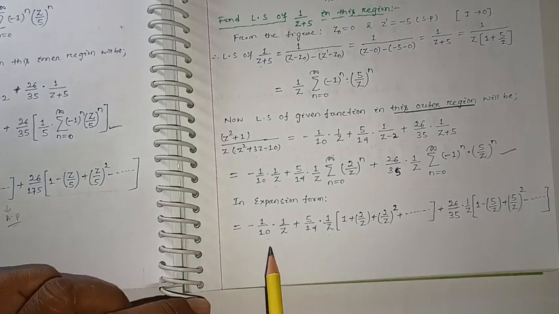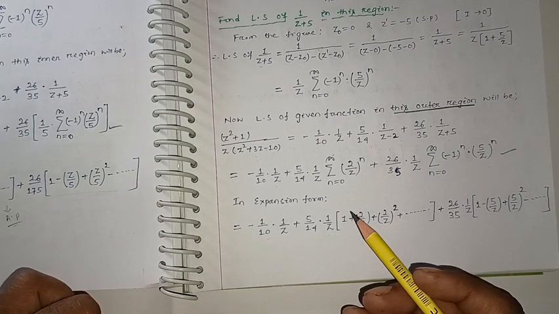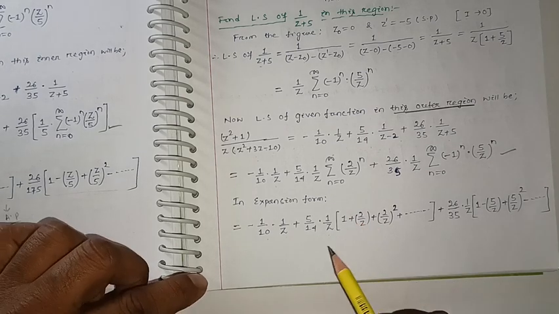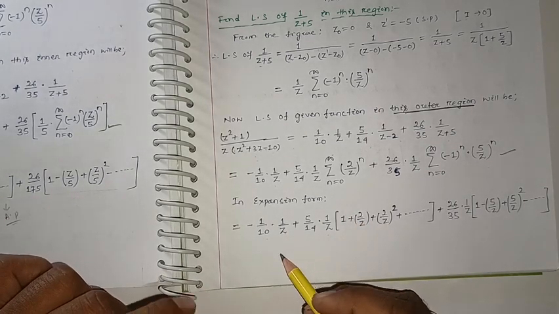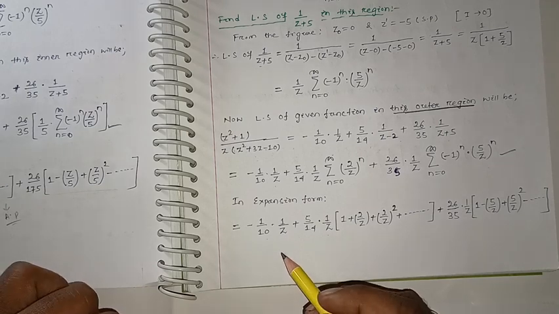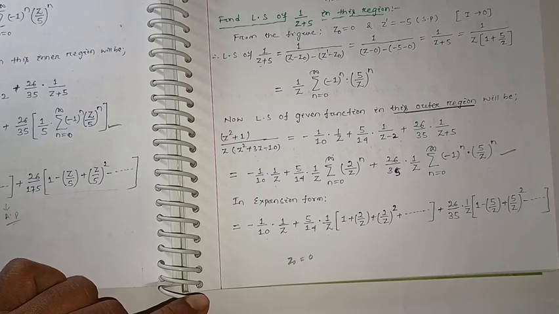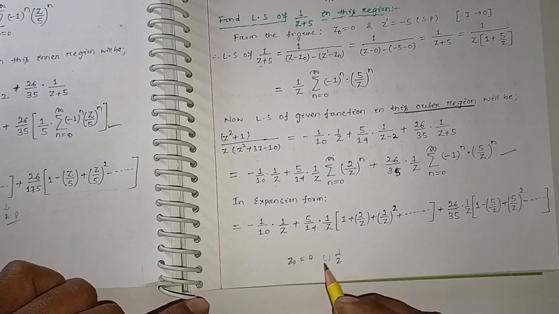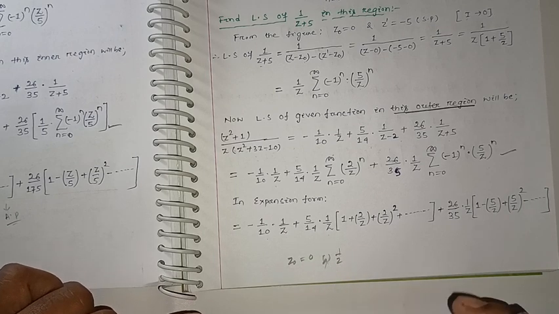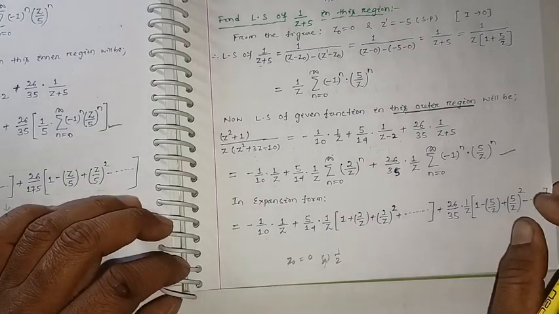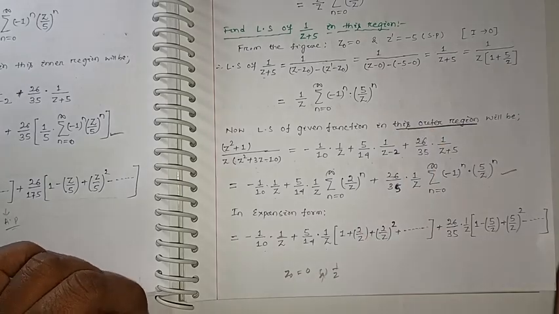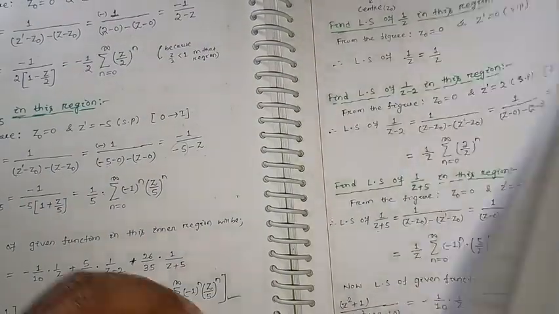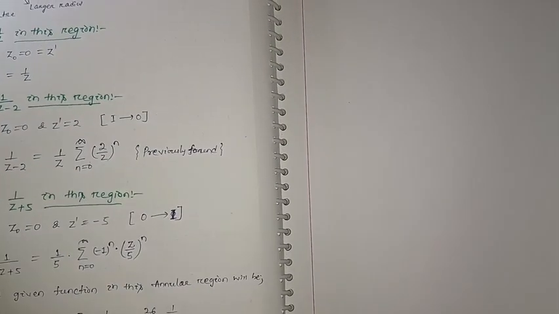So you have to add the 3 terms, then you can calculate the residue, that means the coefficient of 1 by z, because z0 is 0. The coefficient of 1 by z will be the residue of that function in this particular region. Do not worry about the residue. In detail, we are going to discuss it in our forthcoming classes whenever we discuss the residue topic.